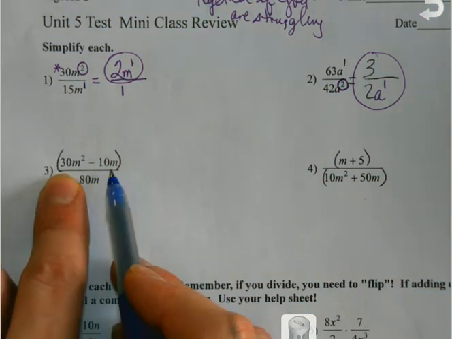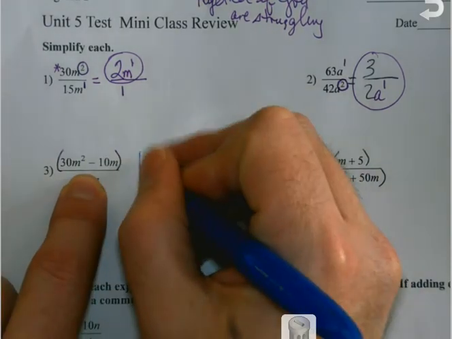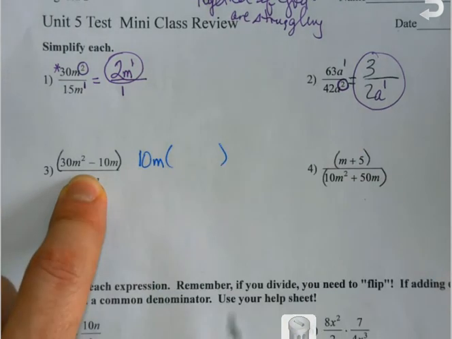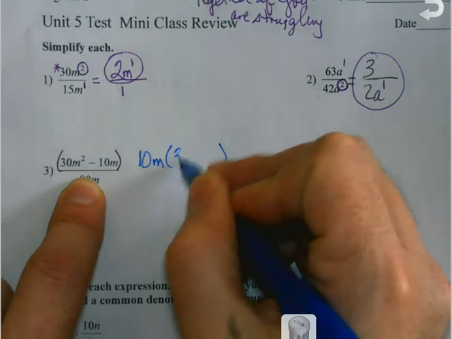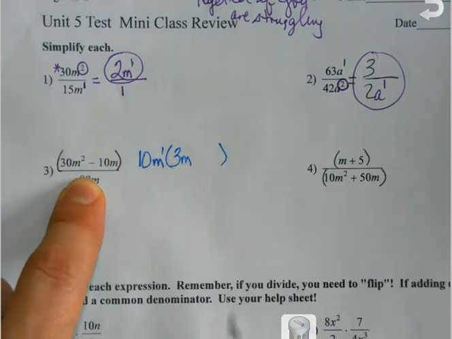So like what do these 2 guys have in common up in the numerator? 10, anything else? 10m. So if I take that out, I go, okay, 10 times 3 gets me to 30. And I've already got 1m, but I need a second, so 3m.